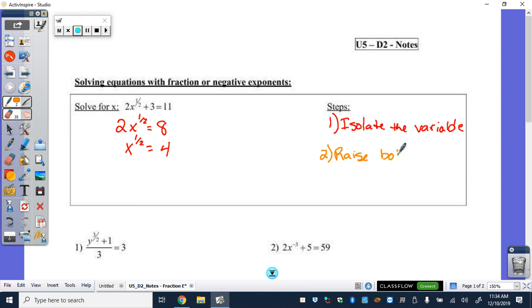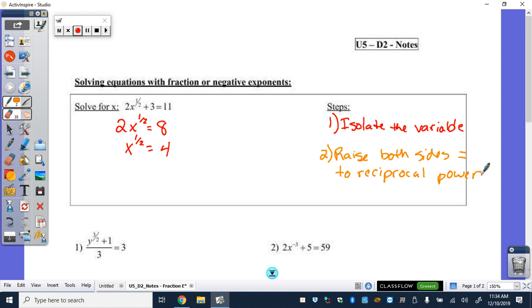So step 2, you're going to raise both sides of the equal sign to the reciprocal power. So reciprocal means we just do what? Flip it.